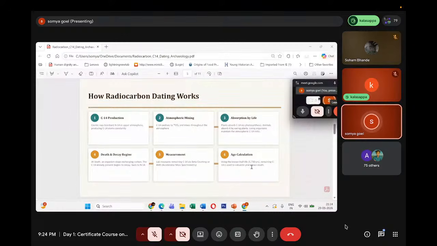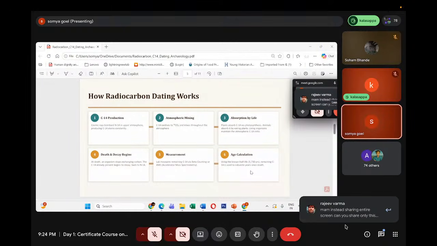The result that we get using the half-life, 5,730 years, does not come in calendar years. It comes as years before present, so the term BP is used. This does not mean from 2026, it means from 1950.